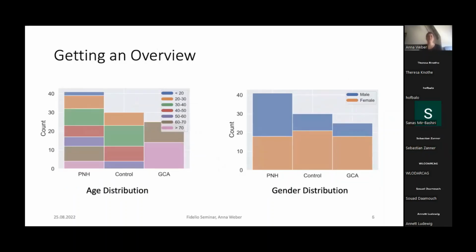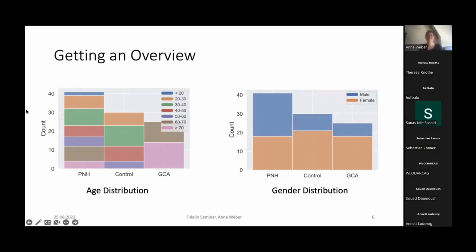And then the next thing we want to do with our new wonderful data set is we want to try to get an overview. In this case, I also really wanted to check whether the distribution of very simple, potentially confounding variables like age and gender is similar in my control samples compared to the patients that I'm interested in.